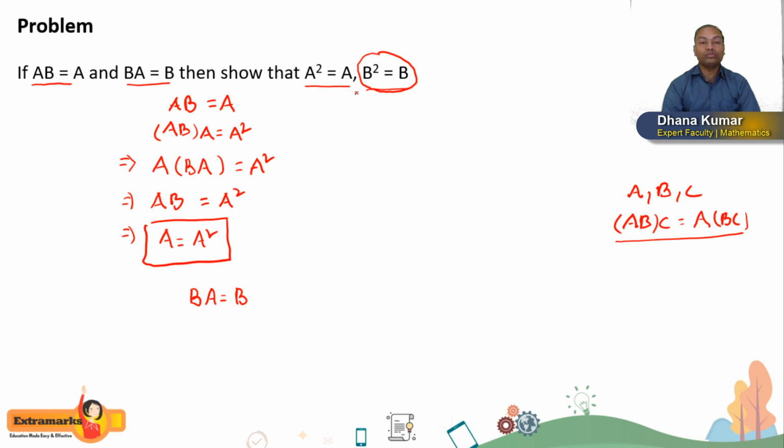At the last, to prove B square is equal to B, again the same post multiplication. Here I am multiplying both sides with B. Then we get B into B, which is B square.